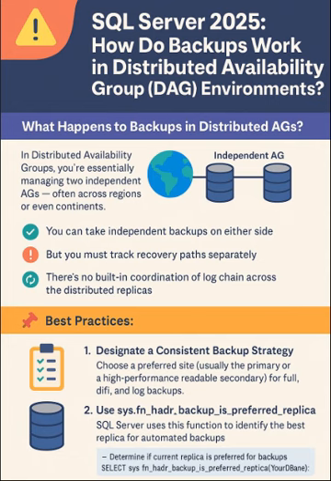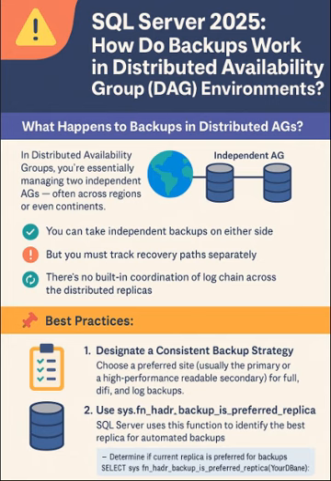What are the functions you use to get help or monitor that backup? So the question is, what happens to backups in a distributed availability group? Essentially there are two independent AGs, meaning availability groups, often across regions or even continents. Backups are not synchronized across the distributed group.